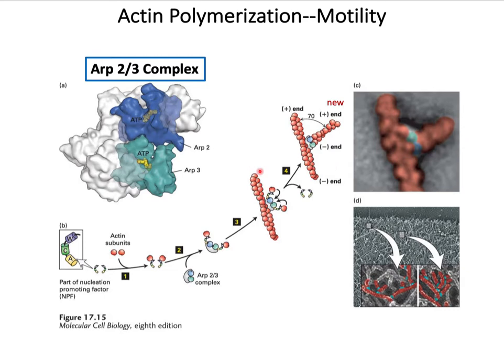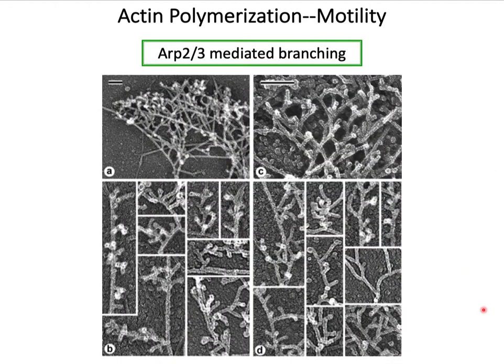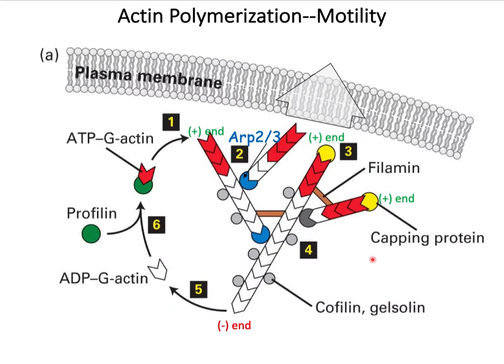There are two EM renditions of the branched actin. On this slide, you can see a very dramatic micrograph that shows the branching accomplished by the ARP2/3 complex. So here is what it looks like at the leading edge of the cell. You have actin filaments growing. You have the ARP2/3 bound to the side, shown here in blue. So you are forming these branches.